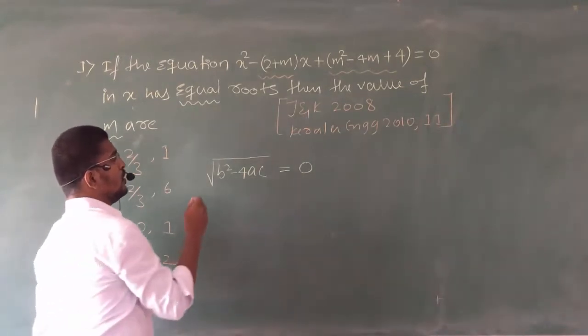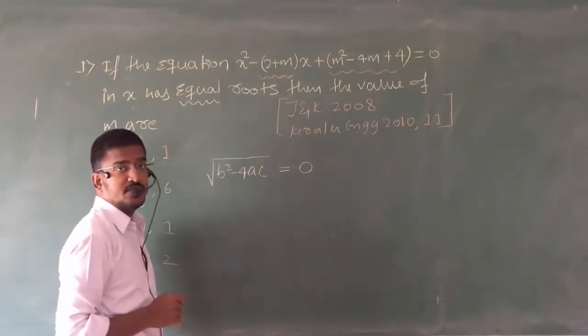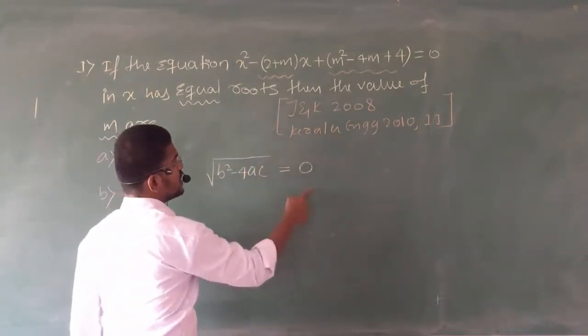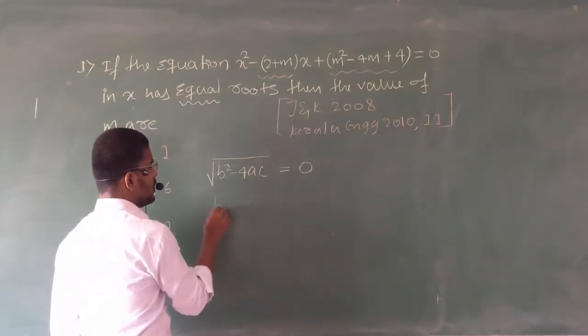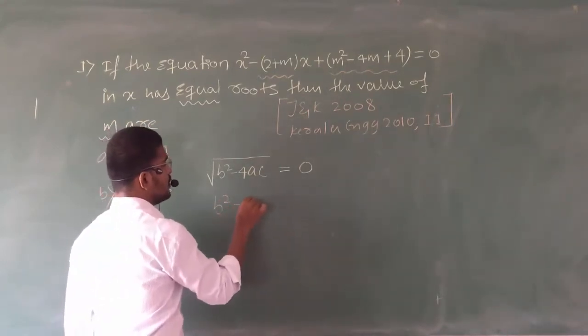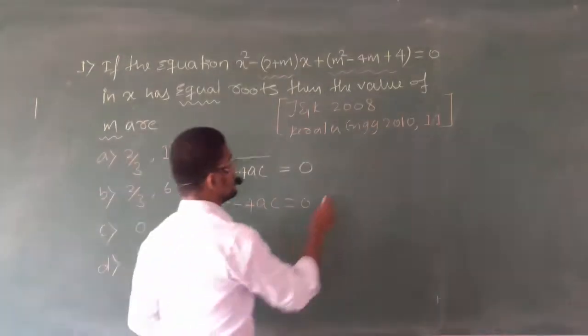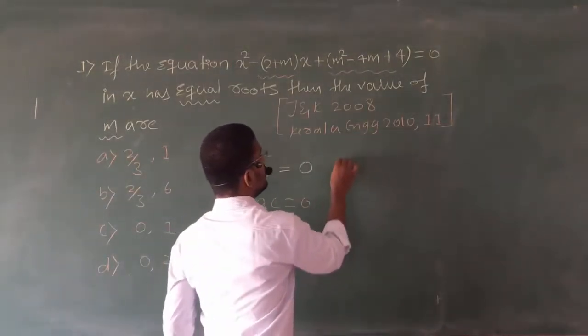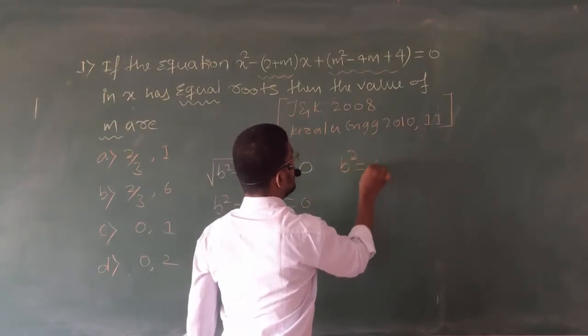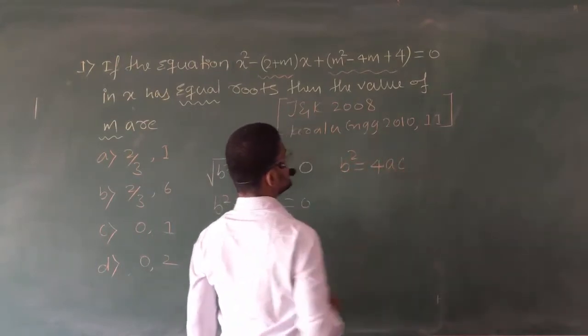Squaring on both sides, b square minus 4ac equal to 0, that is nothing but b square equal to 4ac.